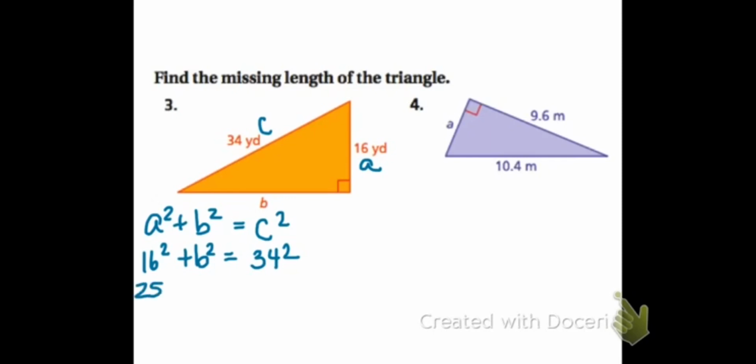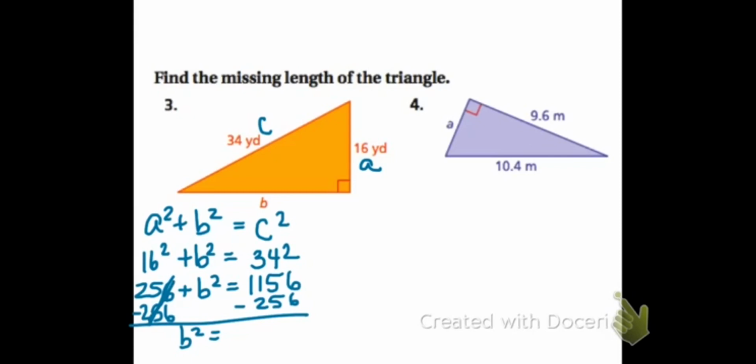So go ahead and square them on the calculator if you need to. 34 times 34 is equal to 1,156. Since we're solving for b squared, we must subtract 256 from both sides. That leaves us with b squared, and when we subtract, we get 900. If b squared is equal to 900, the square root of that would give us b equal to 30 yards.